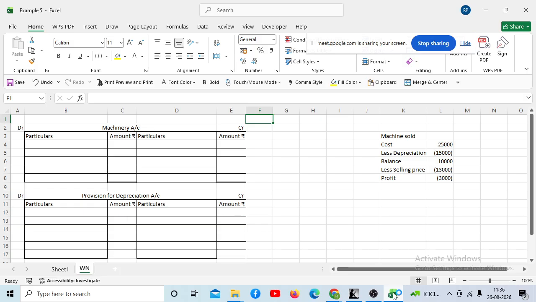Okay, now see, whenever you are preparing the account, at the top of the page always prepare the golden box. I hope you remember it. Tell me, what is the first column?